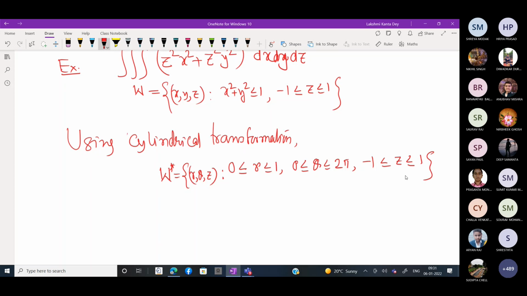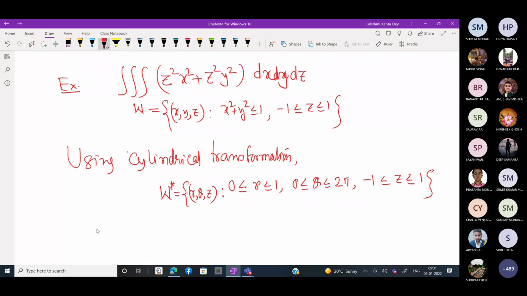Okay. So what kind of integration are we getting? So this is -1 to 1. We can write 0 to 2 pi and then 0 to 1. This is simply Z square. I can take Z square common.